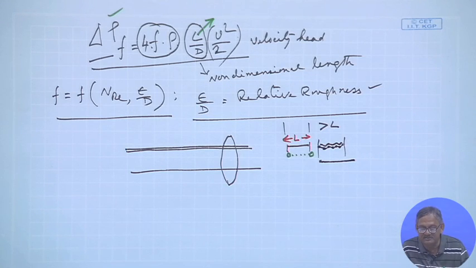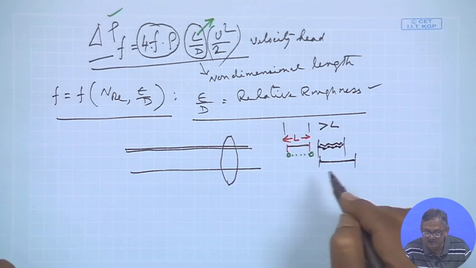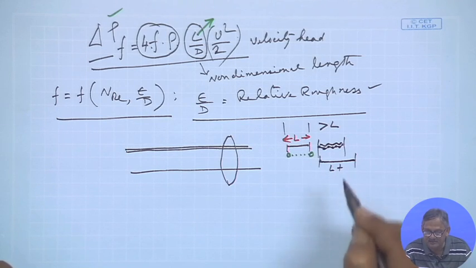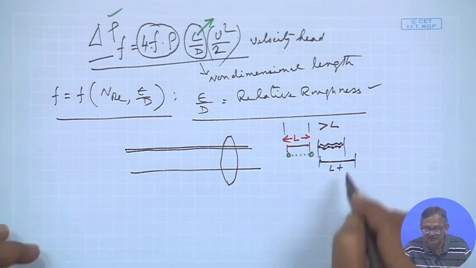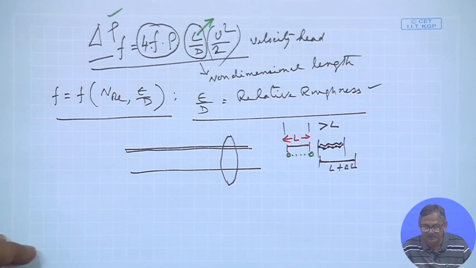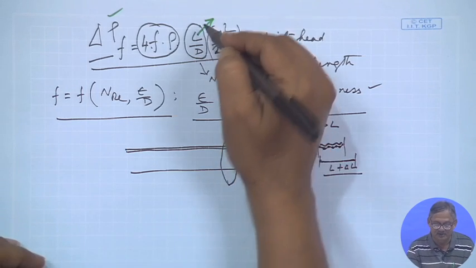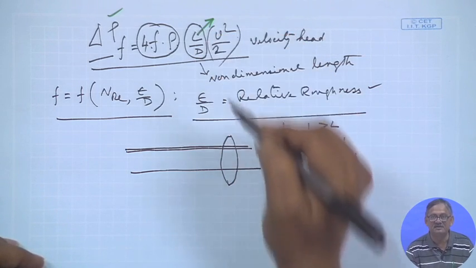So, this is definitely L plus something, say delta L. So, this delta L was not considered in this L.